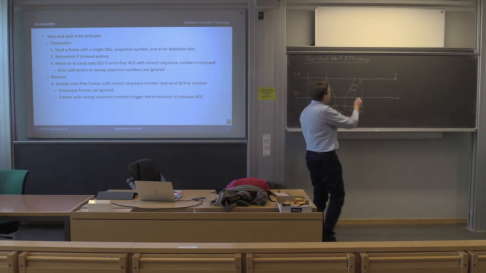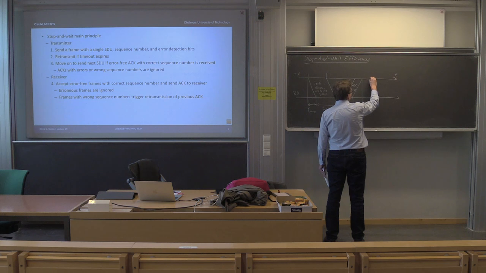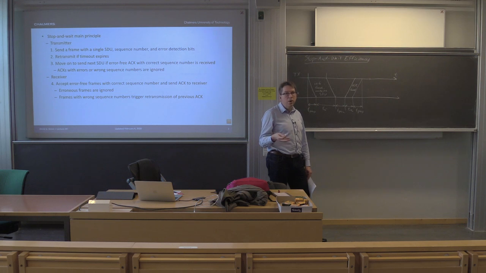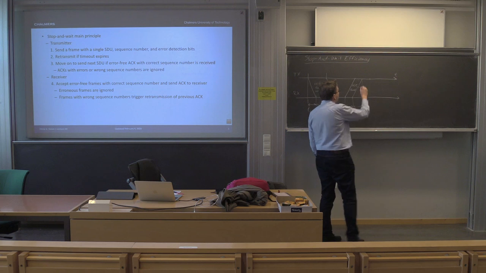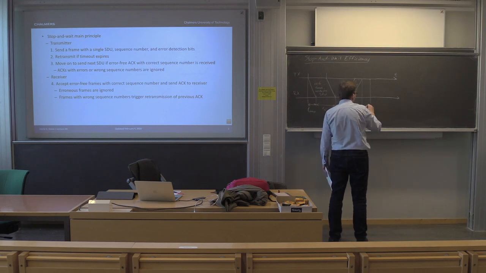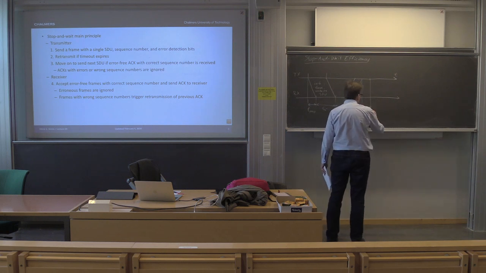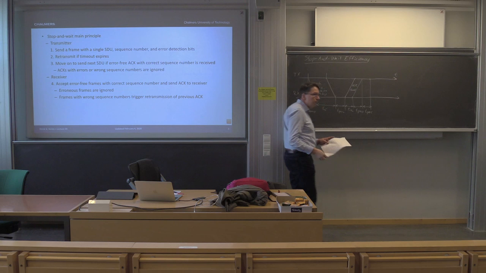And now the transmitter here can do some processing to check whether this acknowledgement is error-free and whether it has the right sequence number. And if it does, which we assume here, it is now ready to take on the transmission of the next frame. So here we have some processing time again.